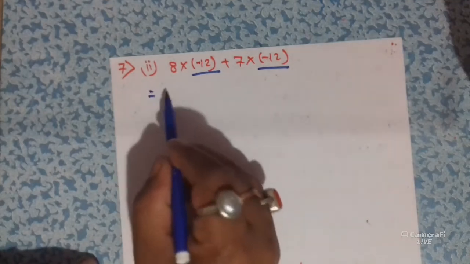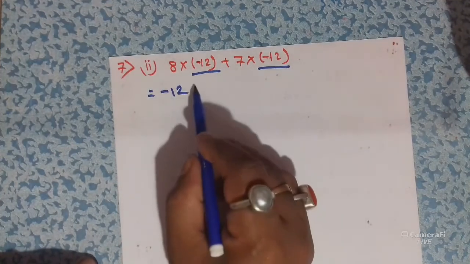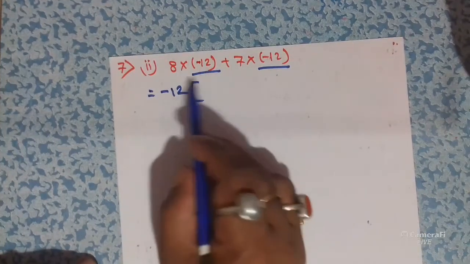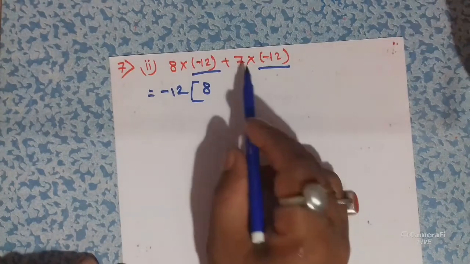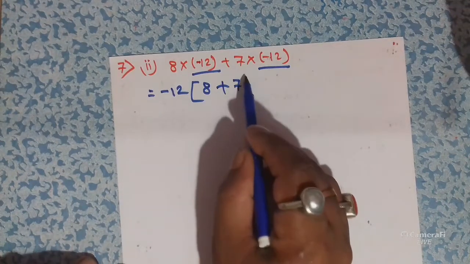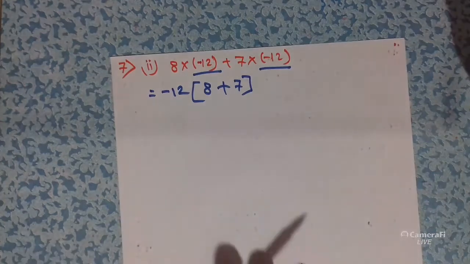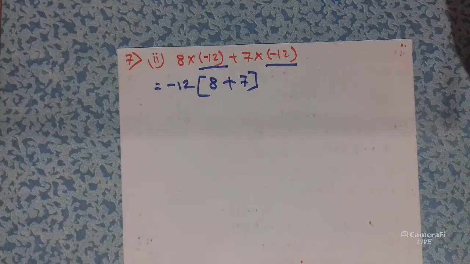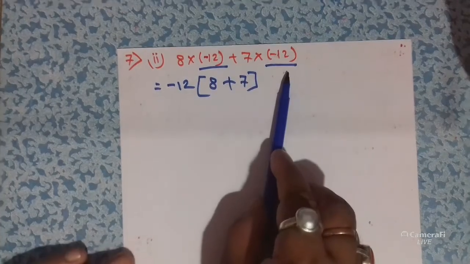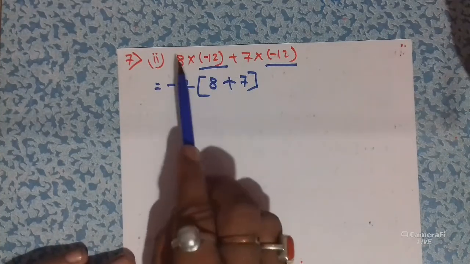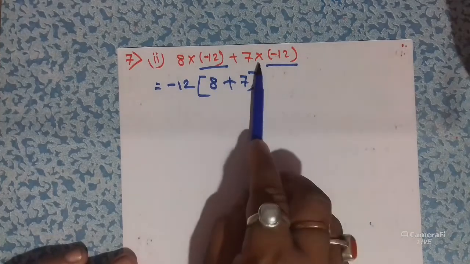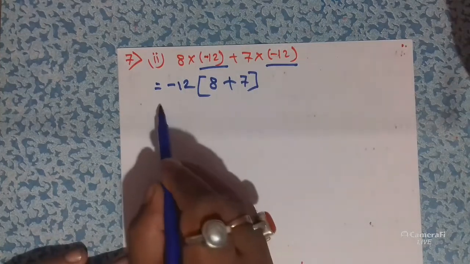So when we take minus 12 as common, then only 8 in the first term, only 8 will left, and in the second term only 7 will left. Okay, I repeat once again, when we take minus 12 as common from both the terms, then in first term only 8 will left, and in second term only 7 will left.